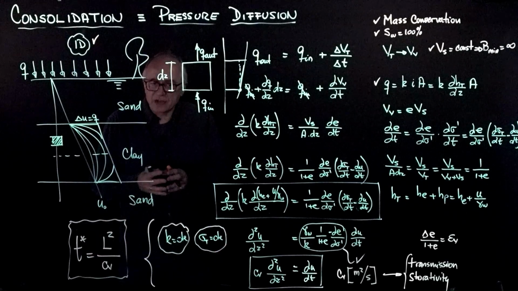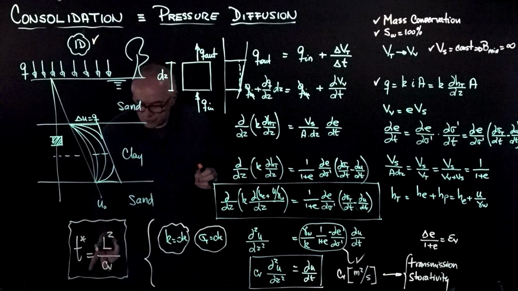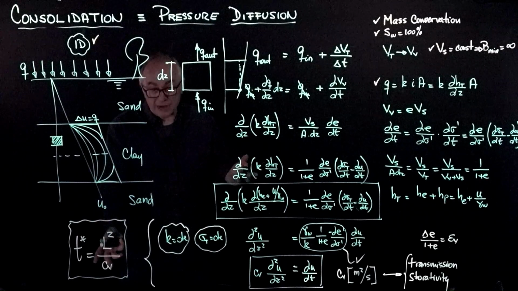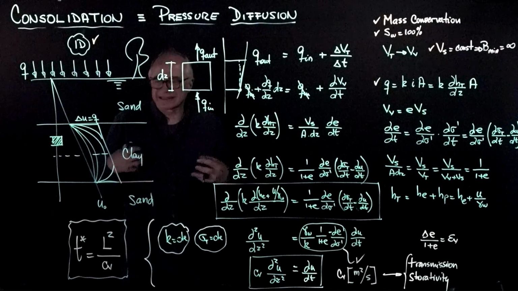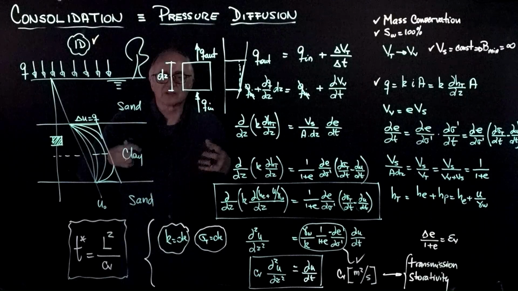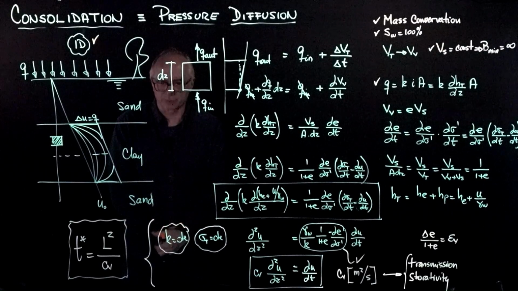But if your application of the load takes 1 month, and the excess pore pressure diffuses in 1 hour, then your loading will be drained. That means that the skeleton of the soil is continuously taking the load, not the pore fluid pressure.